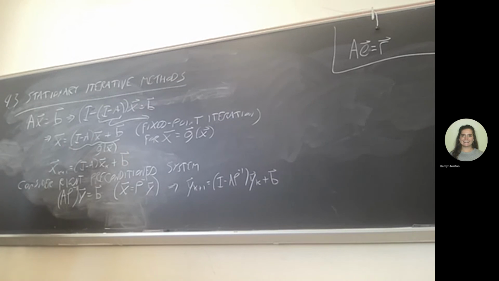The idea being that if P is chosen well, maybe this iteration can be made to converge even if the original one would not. The question is, how do you choose P to make that happen? We're just trying to be a little more flexible here, because P has not yet been specified.